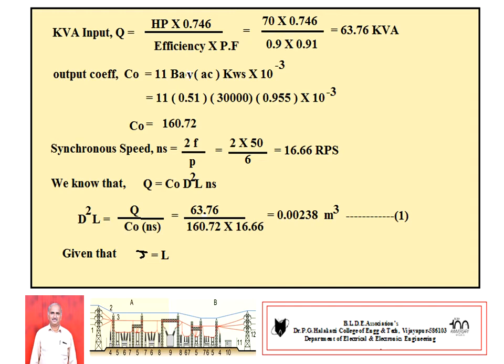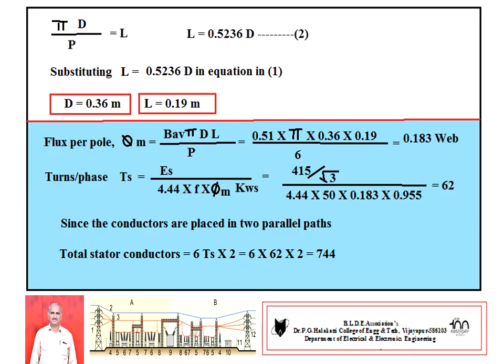And what is the given condition to separate L and D? It is simple: tau equals L. What is tau? Tau is the pole pitch. So pi d by p equals L. Then you substitute p and frame equation 2: L equals 0.5236 times d.